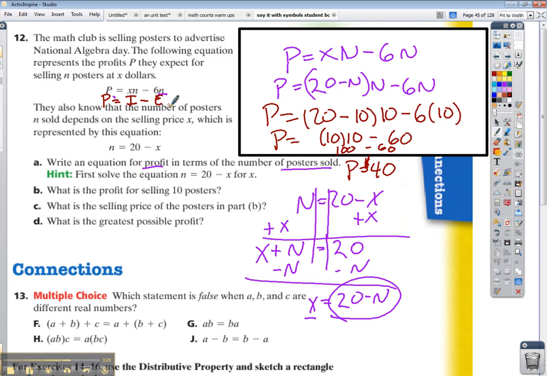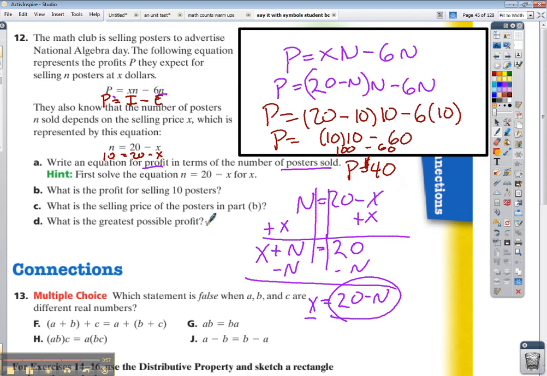So my income is right here. So then it asks, what is the selling price for the posters in Part B? Well, let's take a look. So the selling price is going to be $10, because when we sold 10 posters, that's N, 10 is equal to 20 minus X. Well, 20 minus something is 10. Well, what is it? It's 10.